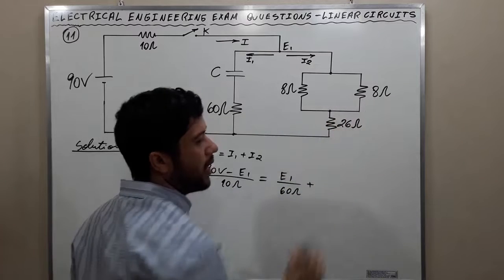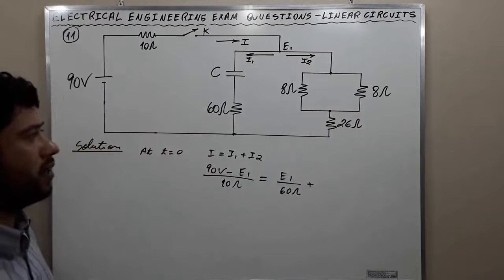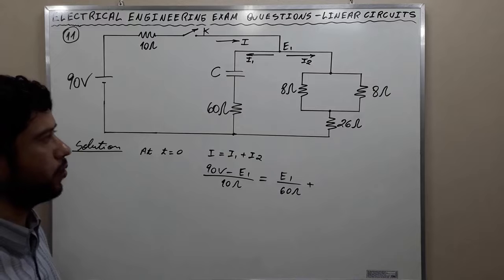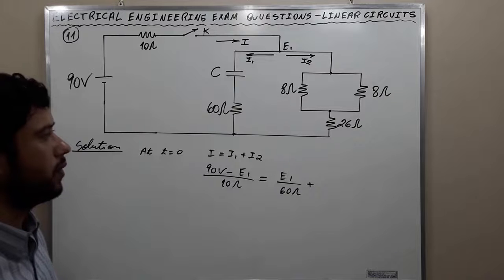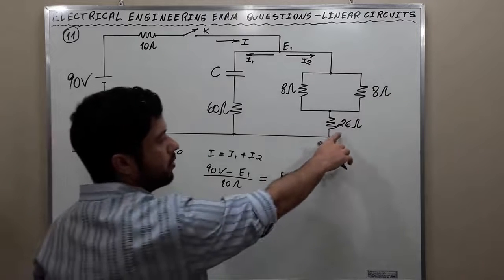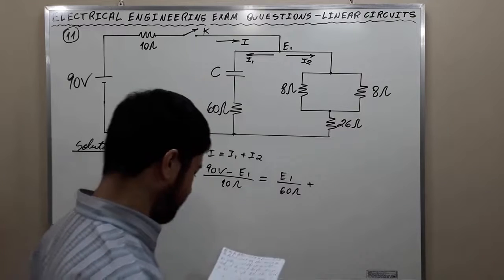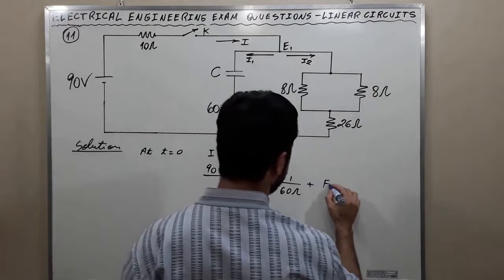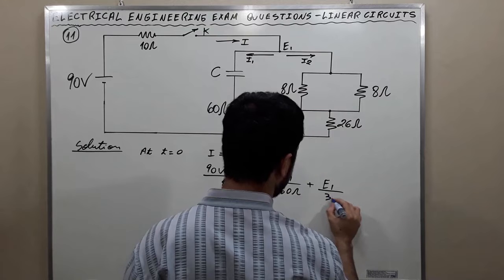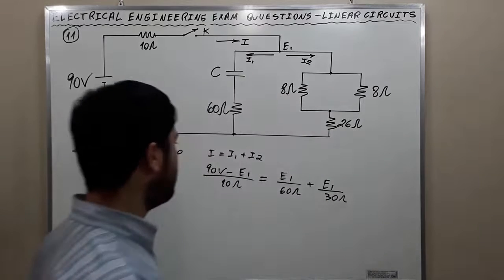The parallel connection between 8 and 8 is 4. Okay? 4 plus 26 is 30. Alright?